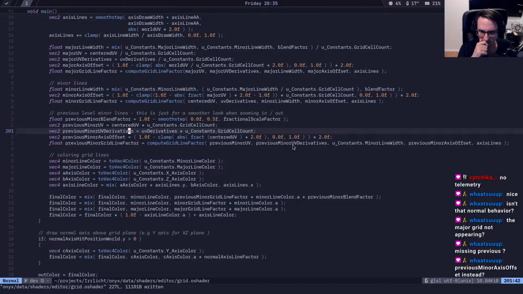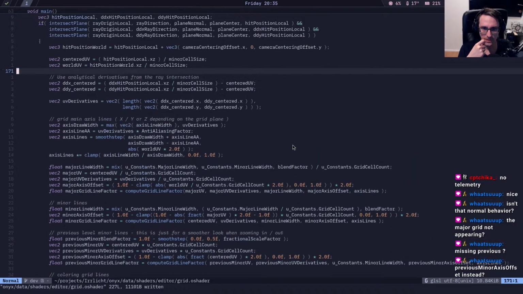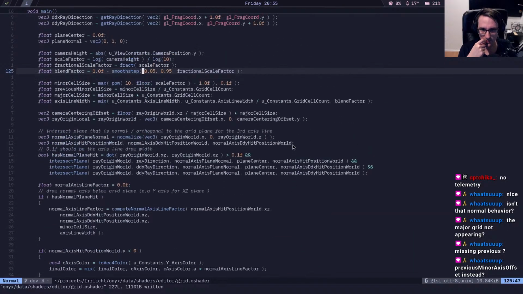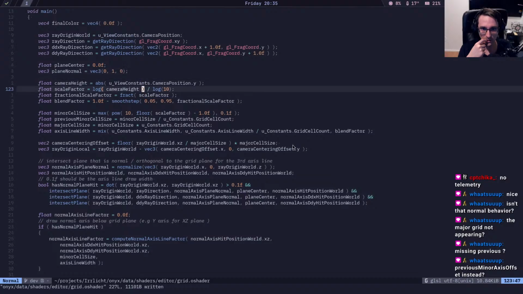Isn't it that? Oh, is that centered UVs here? No. Isn't that scale factor correct? Yeah.